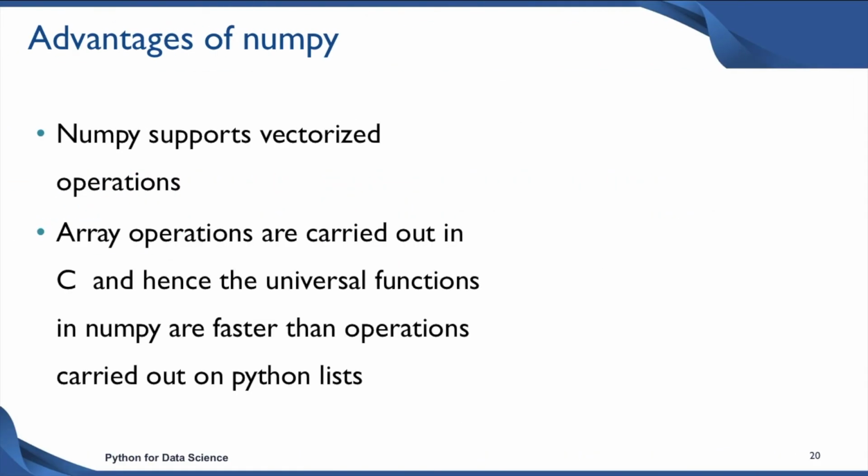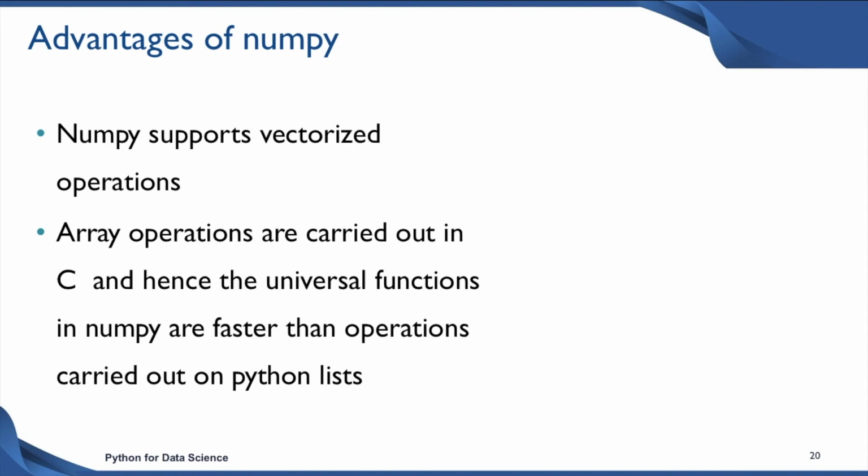Okay, now we'll cover the next part: what are the advantages of using NumPy? So far I have told you that NumPy supports vectorized operations, so you can do element-wise operations on your NumPy arrays. This is a major advantage.